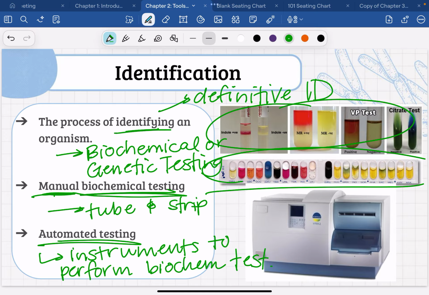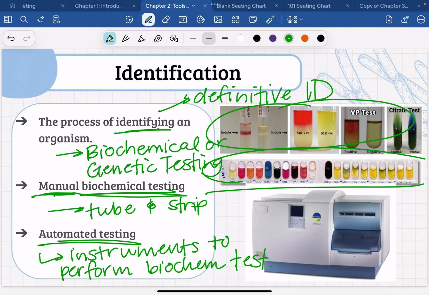So you put a little sample of the bacteria in a tube on these instruments, and in usually about 12 to 24 hours, they spit out an answer for you. But the idea is the same, it's just an instrument doing it for us. Okay, an instrument is doing all of these tests, looking at the color changes, comparing those color changes to a preset manual, and telling you what this organism is.